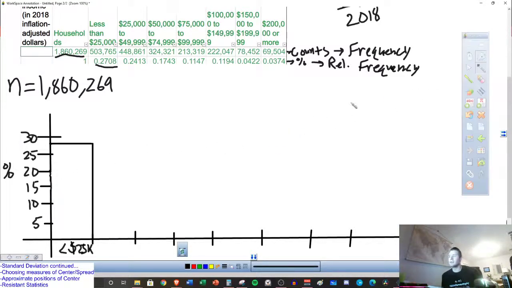Let's do the next one. I'm going to draw lines through here just to help myself out. If you have a straight edge, obviously that'll help you. We need 24.13, so about right here, straight across. Sorry for my OCD people, this is just how it's going to be. So we're going to erase there. Got it. Okay, there's my next bar.